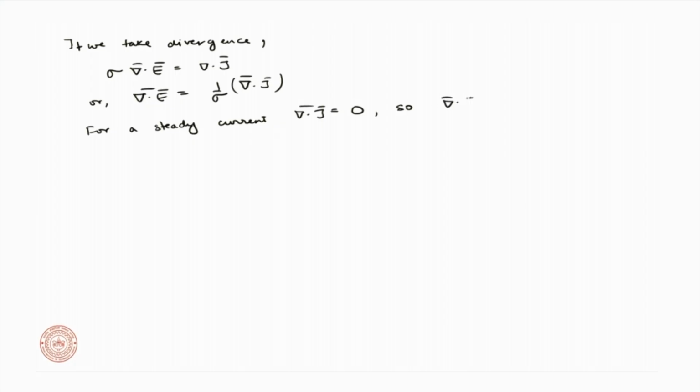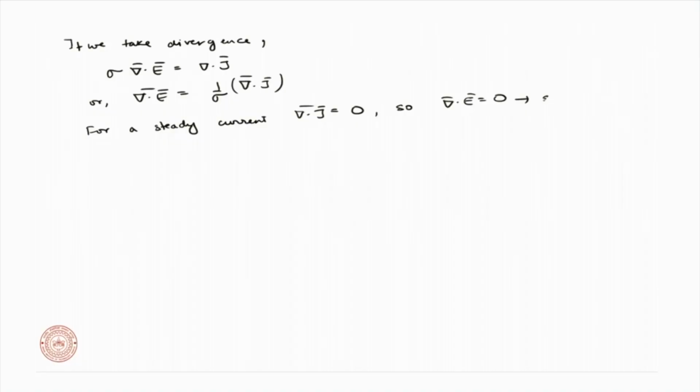So, del dot E is also equal to 0 for a steady current, right. Now, we know that del dot E is equal to rho over epsilon naught. So, that means that in a conductor with a steady current, the charges are balanced out and it is electroneutral, which indicates electroneutrality of the conductor.